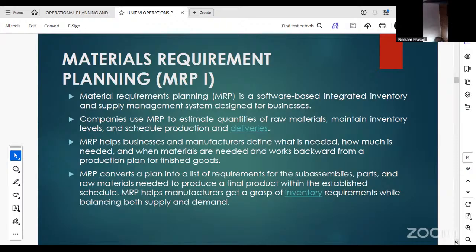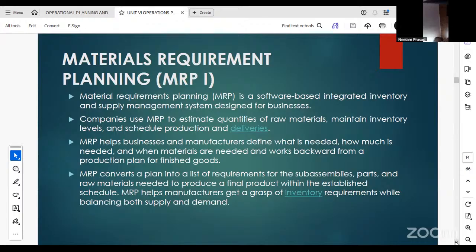MRP helps businesses and manufacturers define what is needed, how much is needed, and when materials are needed, and works backward from a production plan for finished goods. So you made the production plan, and now there is software which will help you in making the plan also.